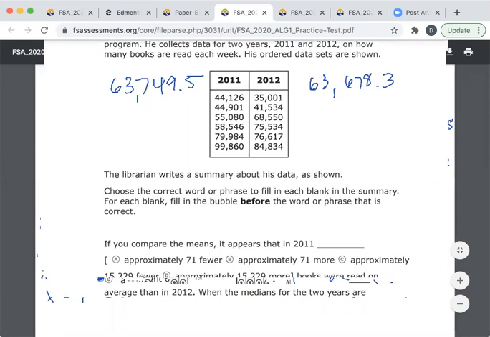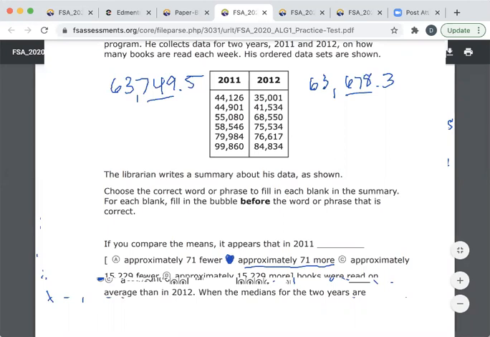So if I subtract these, 749 is bigger than 678 by about 71. So 2011 is approximately 71 more. So the answer for this one is B.